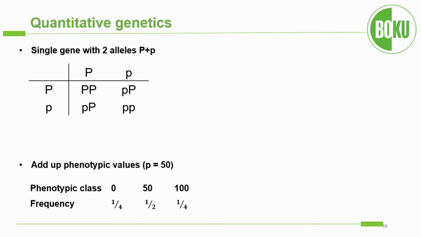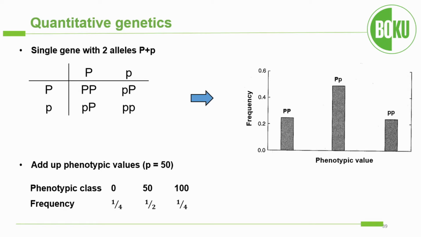Now, if we assign phenotypic values to each of these alleles, let's say 50, and sum this up, then for example the small p homozygote gets a value of 100, and the two heterozygous genotypes both get a value of 50 and occur with a frequency of 1/2. If one just plots this, you can already see this kind of distribution here.